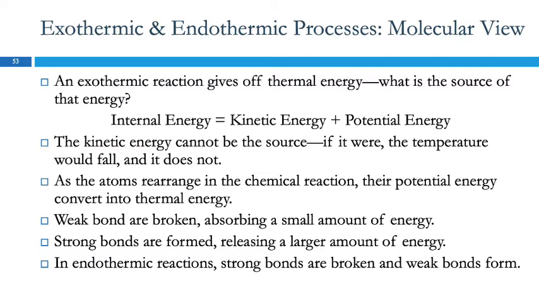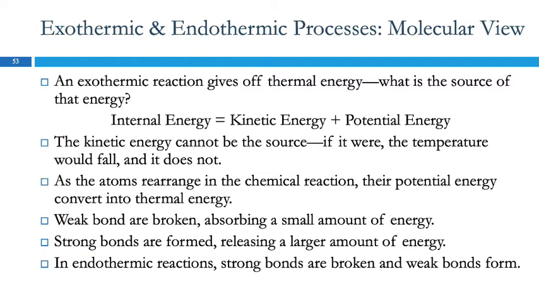So what happens is that when atoms are rearranging in the chemical reaction, their chemical potential energy gets converted into thermal energy. So we have weak bonds that get broken, strong bonds are formed. When a strong bond is formed, it releases a lot of energy. When a weak bond is broken, you have to put in a little bit of energy to break the weak bond, and then the strong bond forms and that releases a lot of energy.